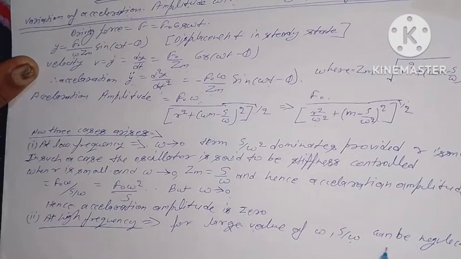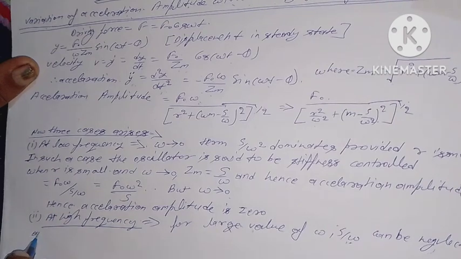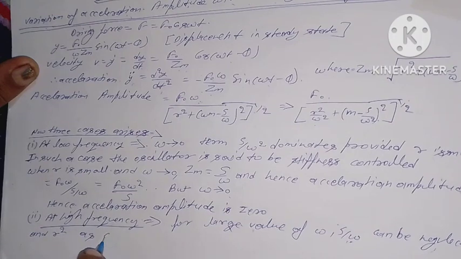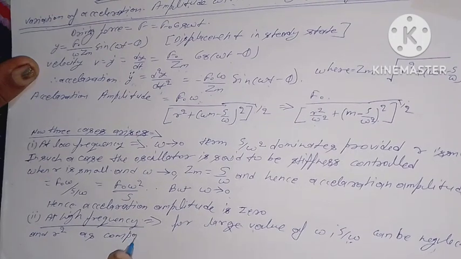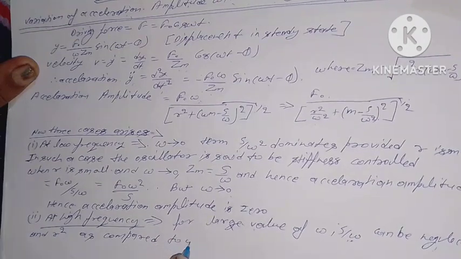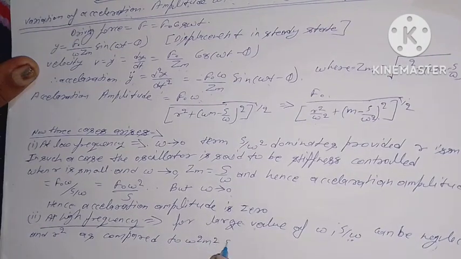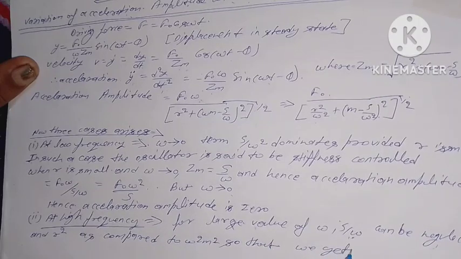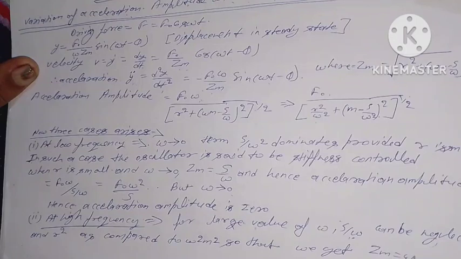Then s by omega can be neglected, and r square as compared to omega square m square, so that we get Zm equal to omega m.